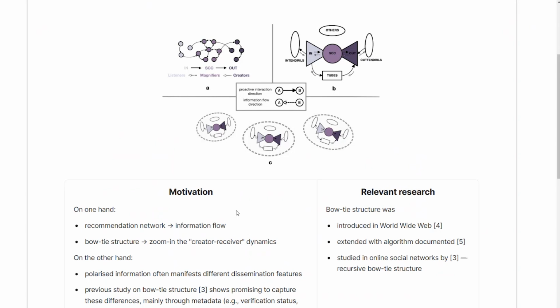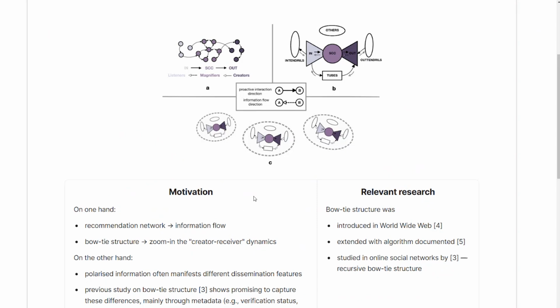And the bow tie structure, to some extent, zooms in on the creator and receiver dynamics, which I will show you later. Briefly, it provides more roles, for example information magnifiers, listeners, and creators.